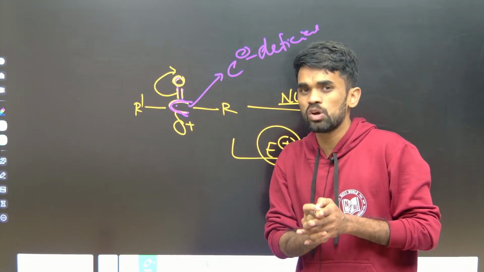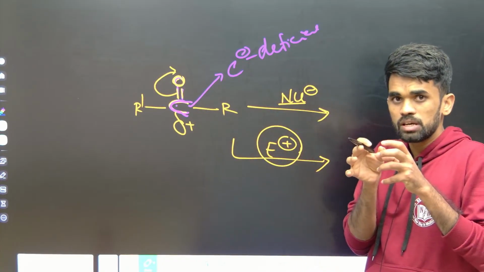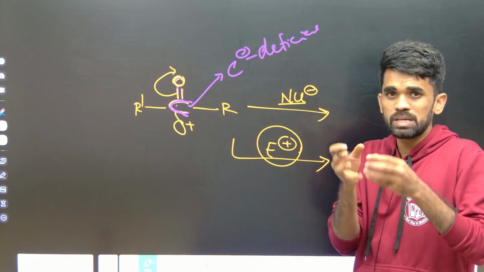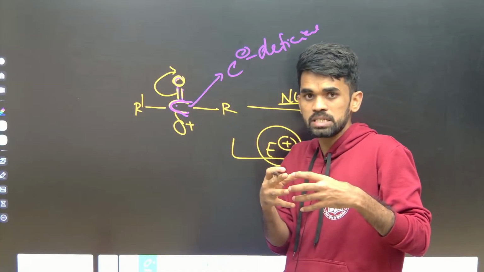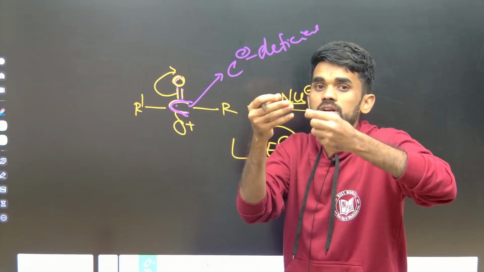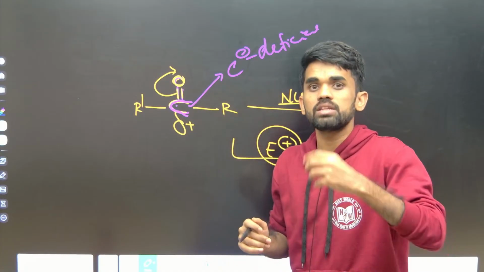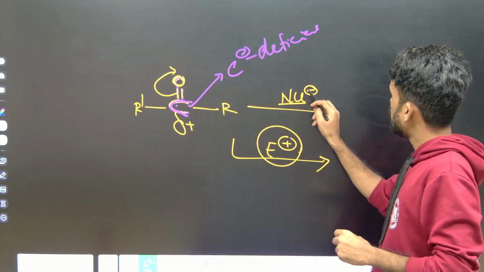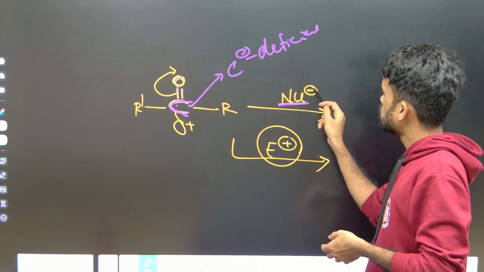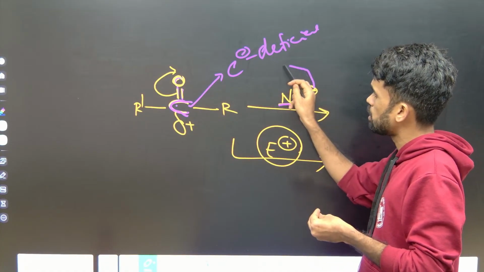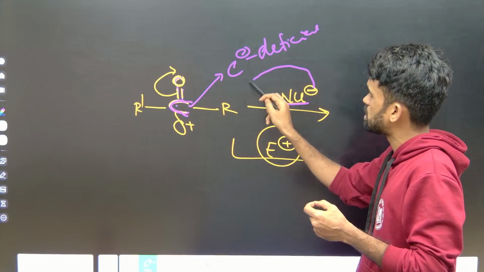What do we mean by nucleophile? It is a species which has more electron density and is ready to give electrons to other species. A negative sign indicates it has more electron density, so it will attack the positive, electron deficient site.